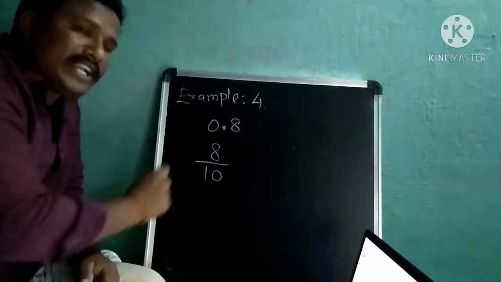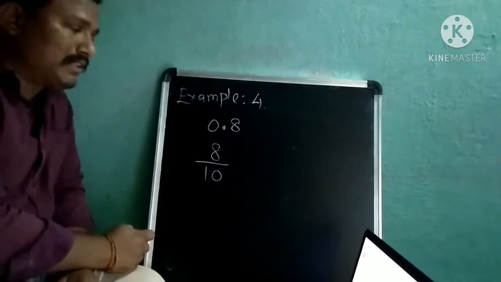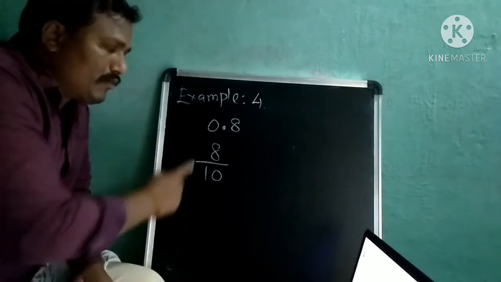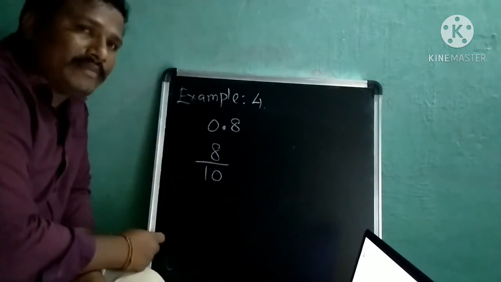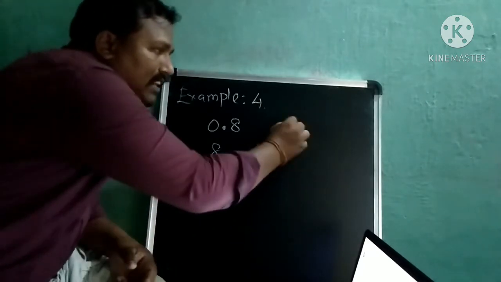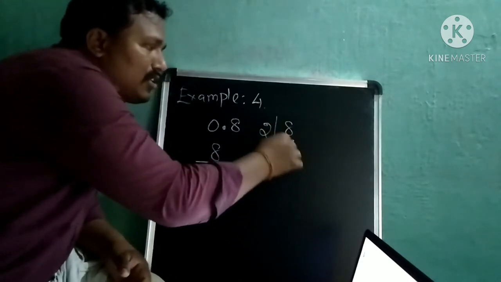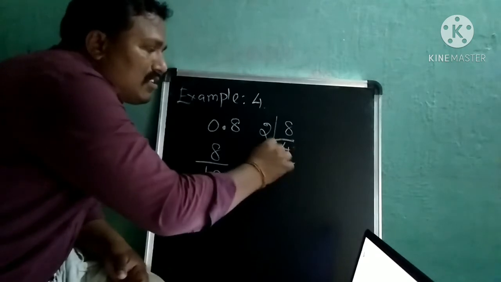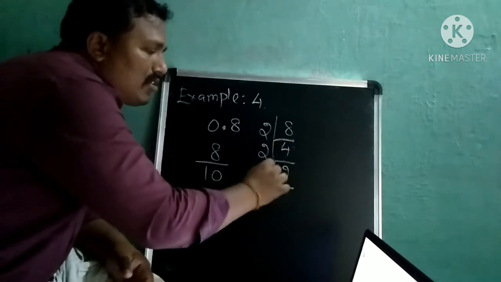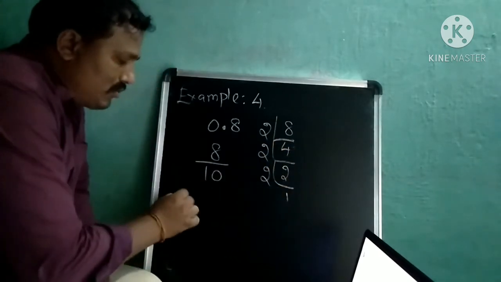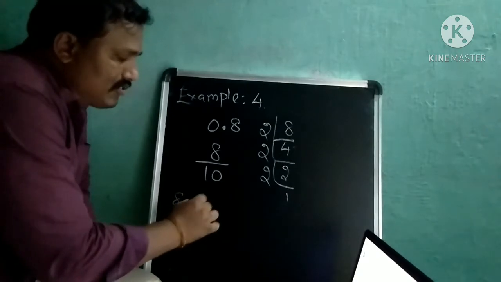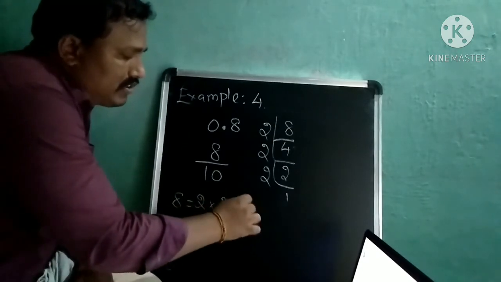We need to find the LCM, least common multiple, of 8 and 10. First I will find the factors of 8. 4 2s are 8, 2 2s are 4, 2 1s are 2. So the factors of 8 are 2 into 2 into 2.